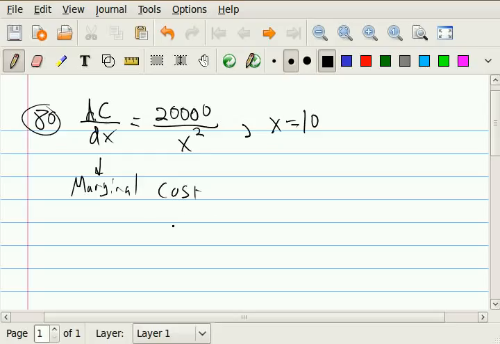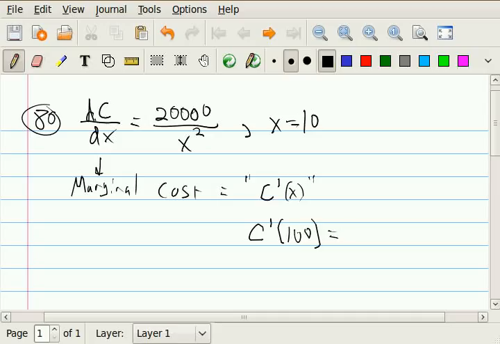By the way, instead of dC over dx, I could call this function C prime of x. If we put a number into this function, it tells me the additional cost per additional unit when we produce that number of units. So for instance, let's say C prime of 100. What is this going to be?